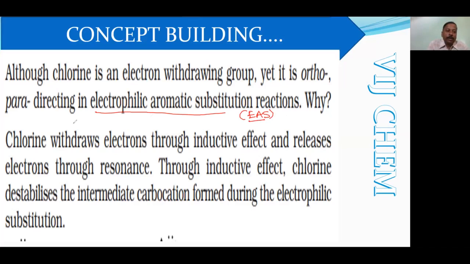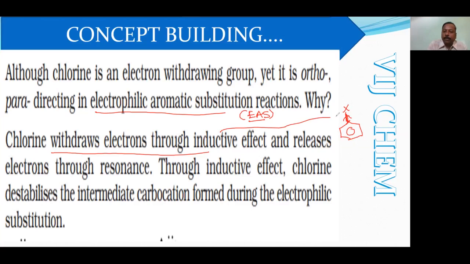So what is the reason behind it? Chlorine withdraws electrons through the inductive effect. There are two types of effects shown by chlorine, and both are opposite. Not only chlorine, actually it is with every halogen. It will withdraw the electron from the sigma bond.